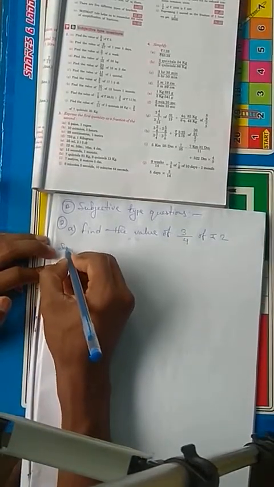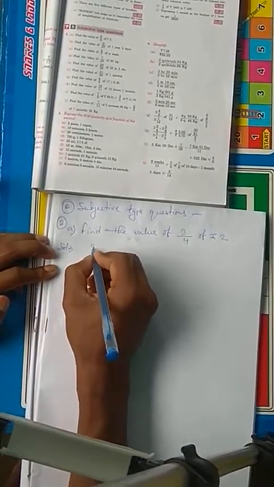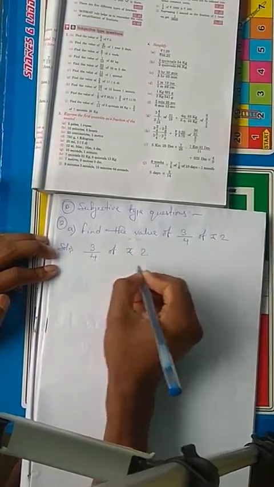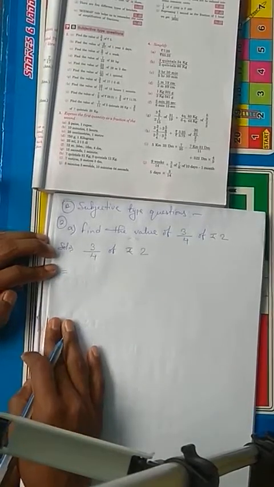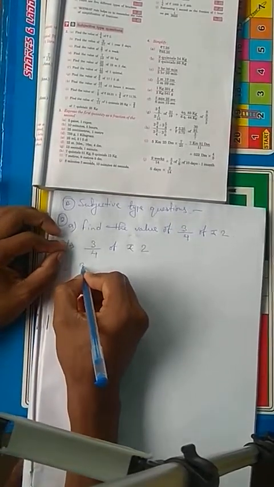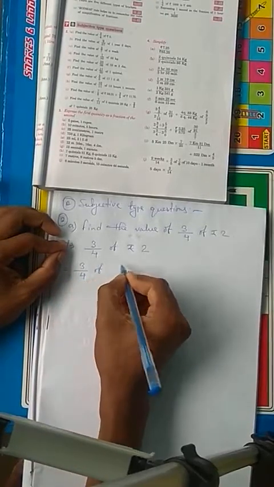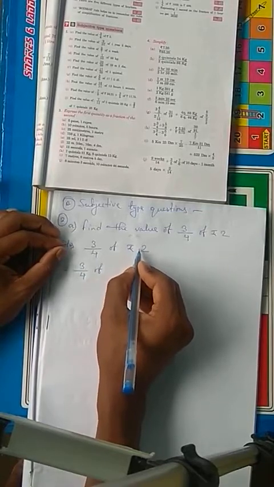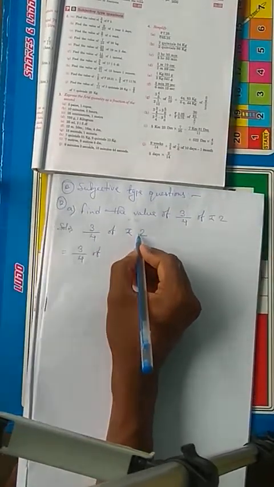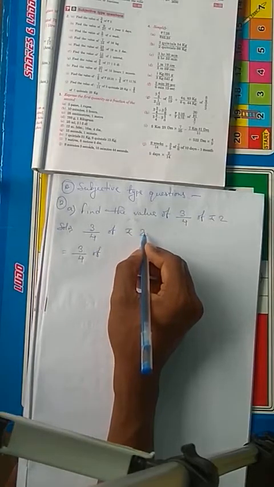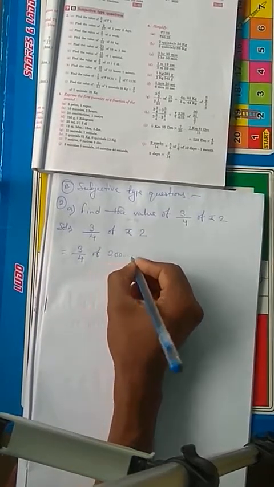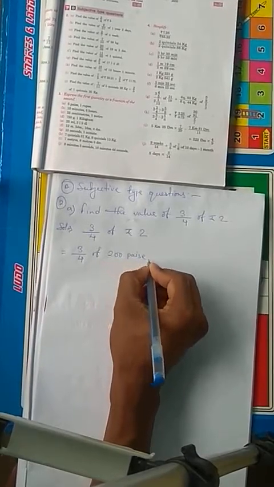Then solution, 3/4 of rupees 2, equals to, don't forget to write equals to, and 3/4 of, look at that, there is rupees 2, so we have to write in paise. In 1 rupee how many paise are there? In 1 rupee there are 100 paise, so in rupees 2 there are 200 paise.